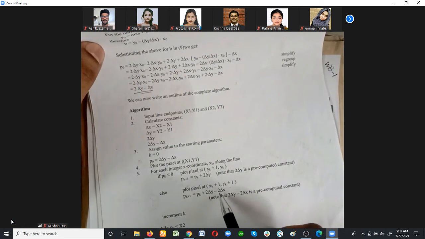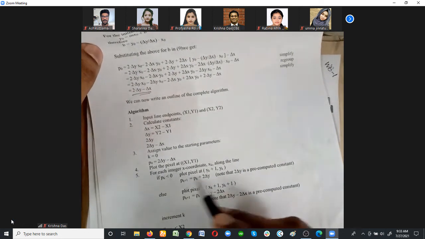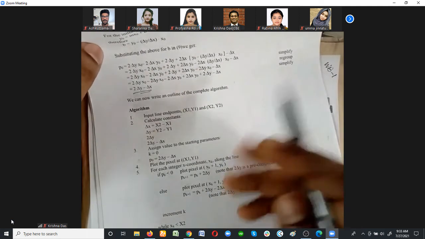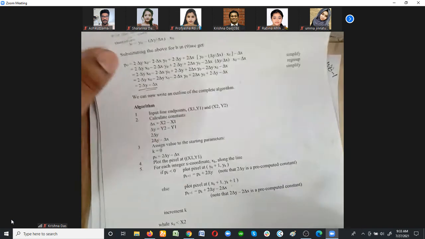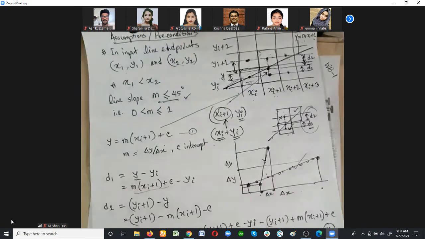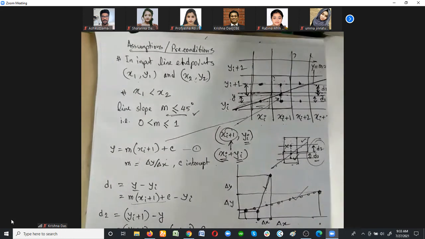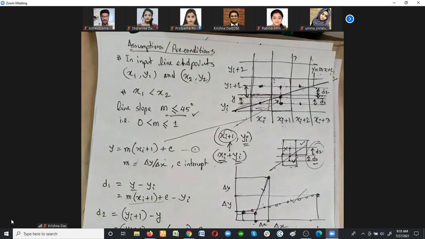A new term comes, which is called the decision parameter, and if we understand at least some part of that, then we can apply this algorithm for problem solving. So I hope you will not miss the classes, because for problem solving you need to understand the algorithm.